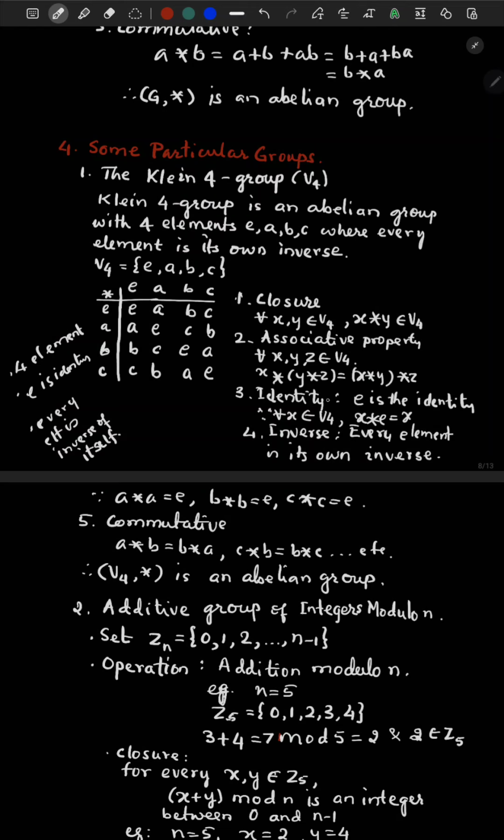Then we will find what is an identity element here. For every element you can see X star becomes X itself.